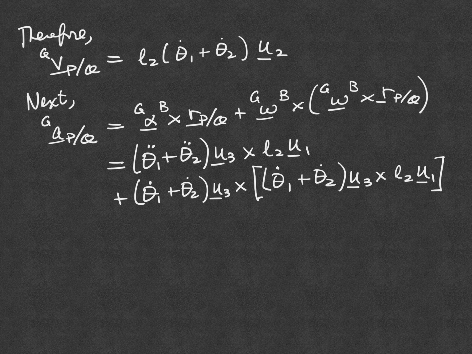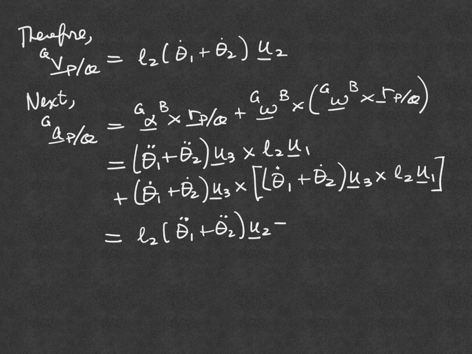So let's go through all of these vector products. u3 crossed with u1 is again still u2. So this gives me L2 times theta 1 double dot plus theta 2 double dot times u2. And now let's go through this next set of cross products. u3 crossed with u1 is u2. And then I'm going to take the cross product of u3 with that. So u3 crossed with u2 is minus u1.